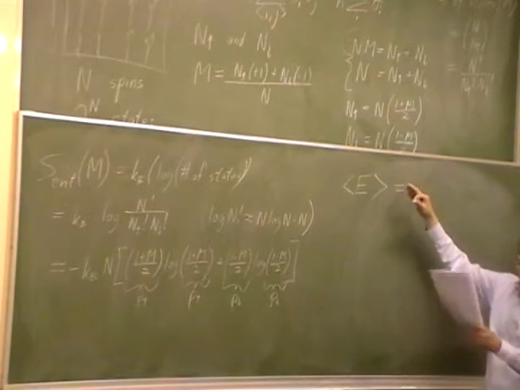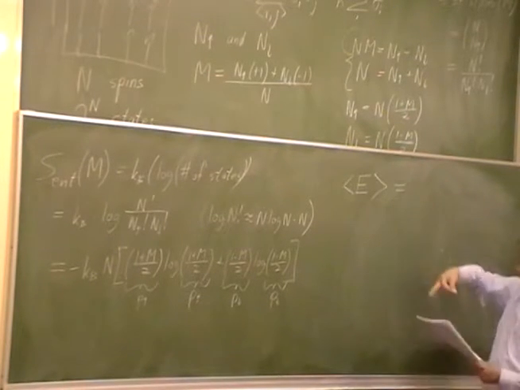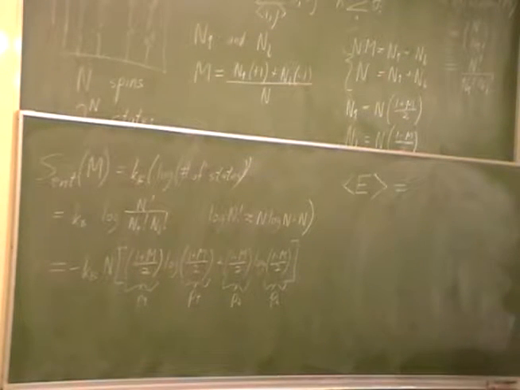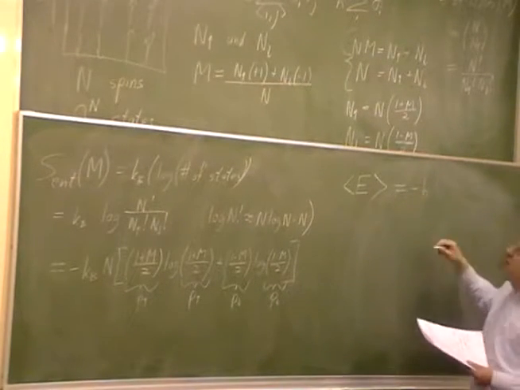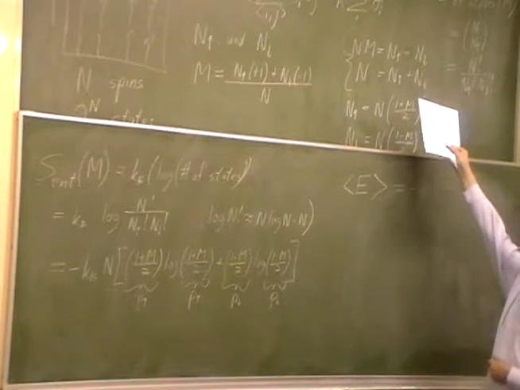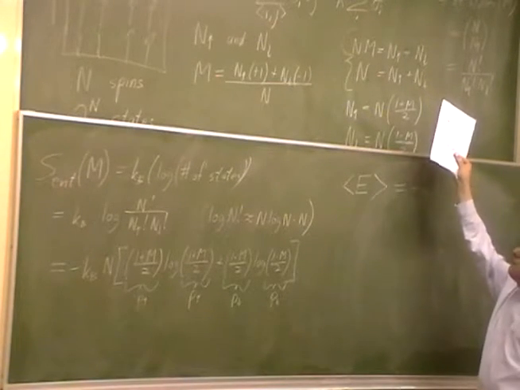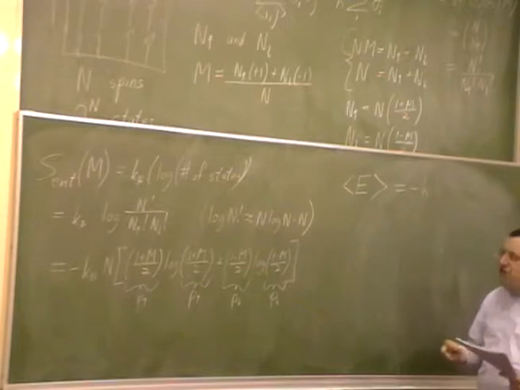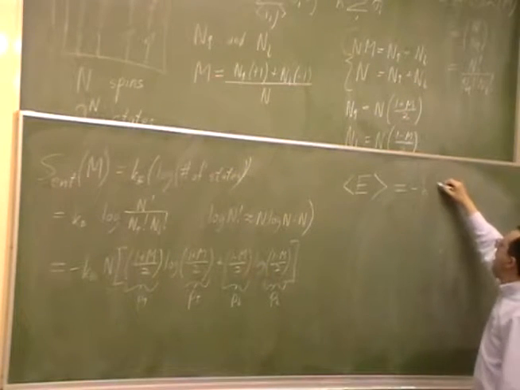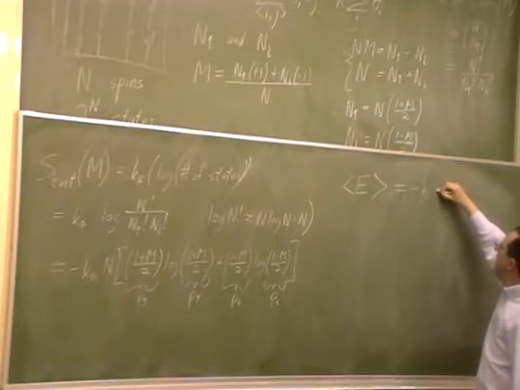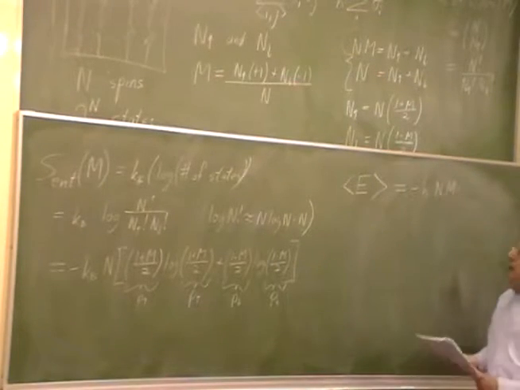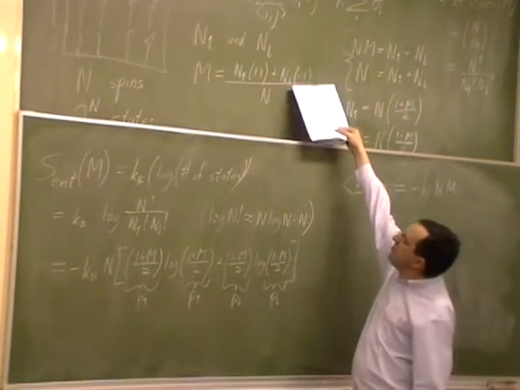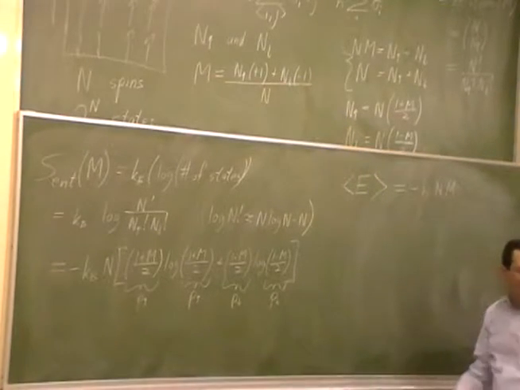Here, I'll do the second one first, because it's easy. The second one has a term of minus h times the sum of all these spins. Well, that's just equal to the number of sites times the magnetic moment. That's just this thing right there, okay.